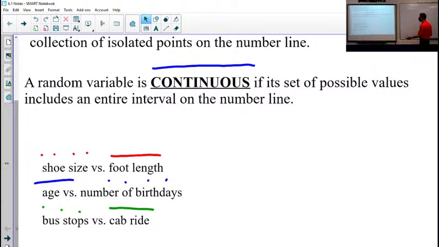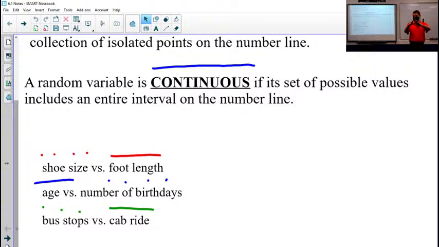So for example, we can take a continuous variable and make it discrete, or a discrete variable and make it continuous. So we have something like foot length, how long your foot is, but we're not going to make shoes for every single possible length of foot that someone has.